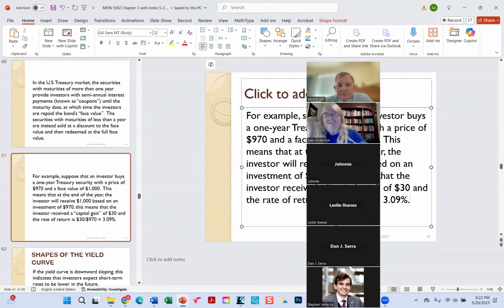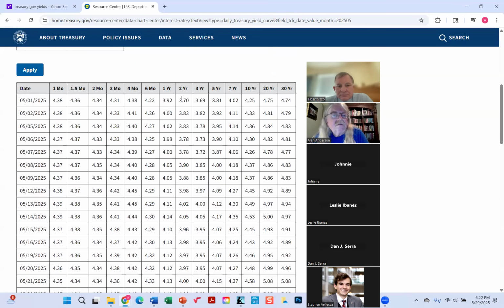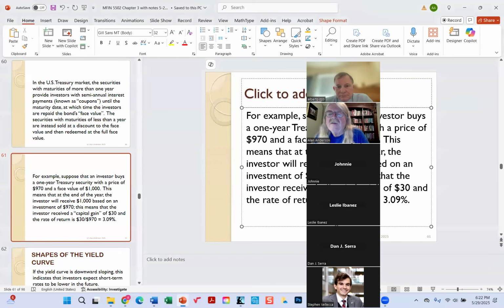Okay. So if you looked in the Wall Street Journal for the security, it would show a yield to maturity of 3.09%. Okay. In other words, if you look at this chart, all right, well, of course, I completely made up that number. It's actually 3.92, but this is how they figured it out. And so you're getting a $30 profit by owning this security for a year.